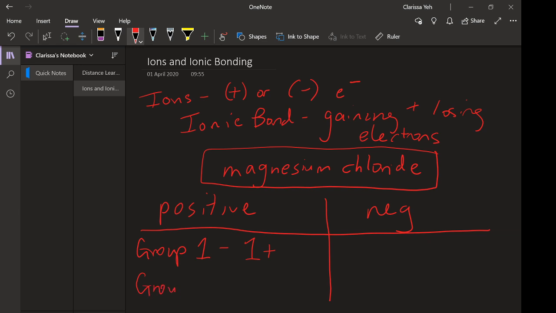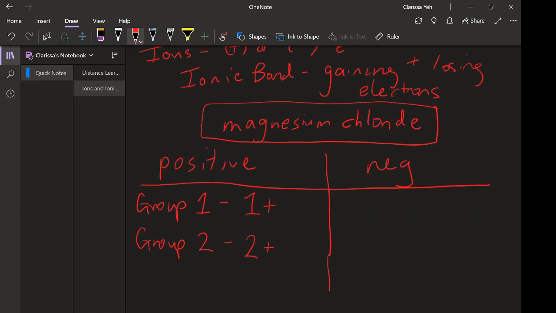Group 2, can we guess what they form? Two positive charge.